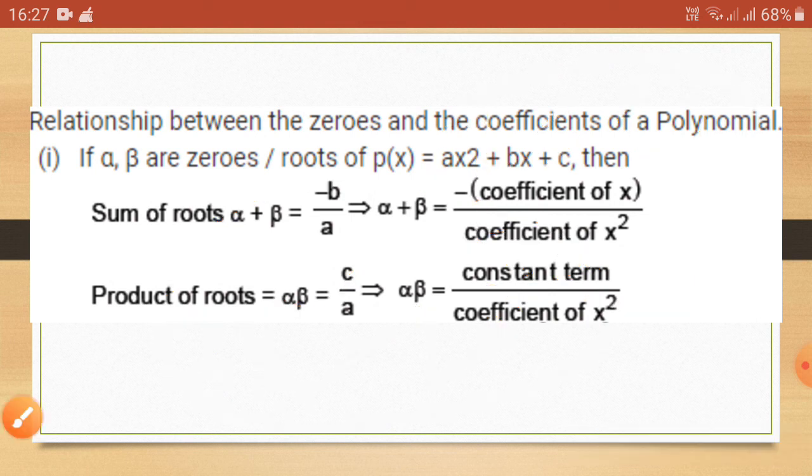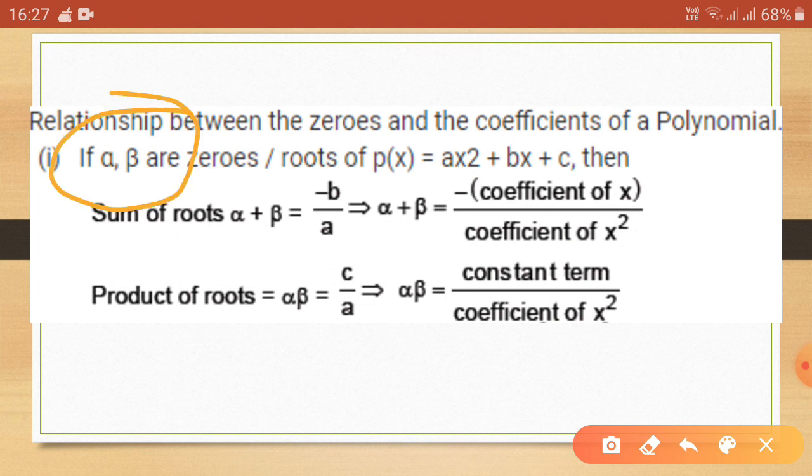So now we will be learning about the relationship between zeros and the coefficients of a polynomial. At first we will be learning all the formulas, then later on we will be discussing examples. So if the zeros are alpha and beta, in the previous example we have taken x equal to minus 3 and plus 3, so we can say that if there are two zeros, we give them the names alpha and beta.